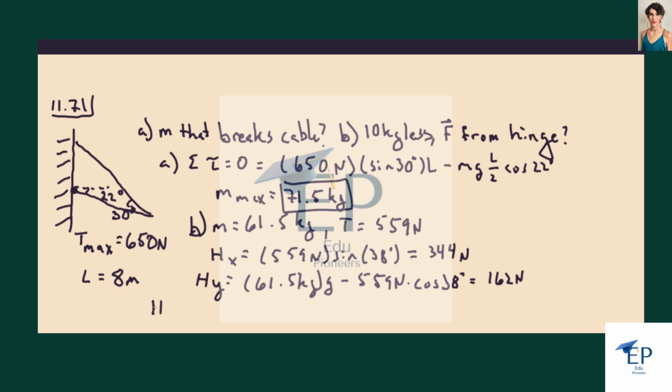So the magnitude we just get from the Pythagorean theorem as usual. And that is 380 newtons. So here's our magnitude.